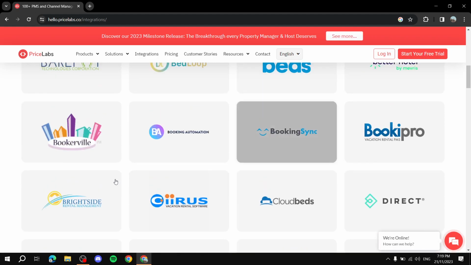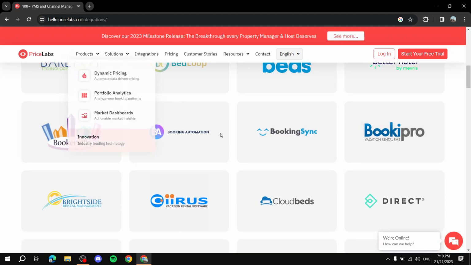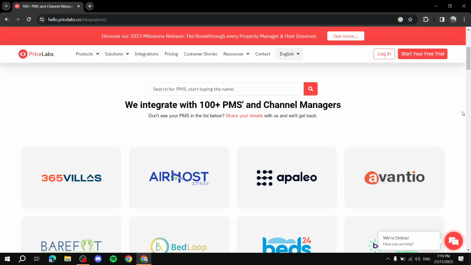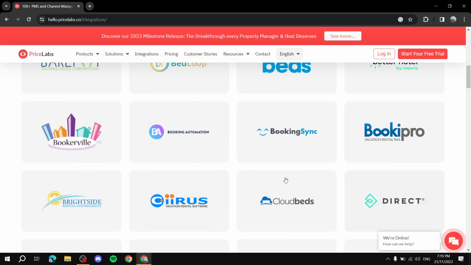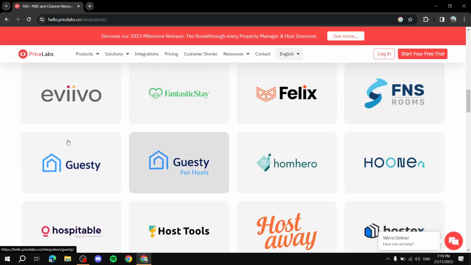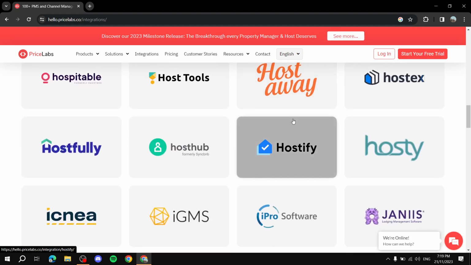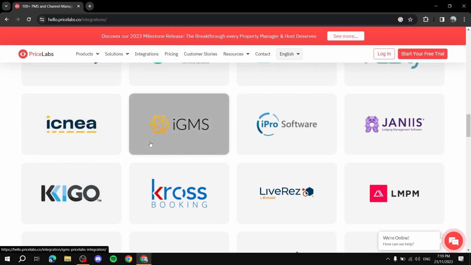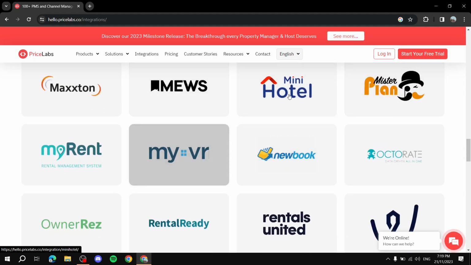So if you are using any of these, you may want to come to the website and see if the integration that you want is in here or not. And usually it probably is, because like they said, over 100 plus integrations.